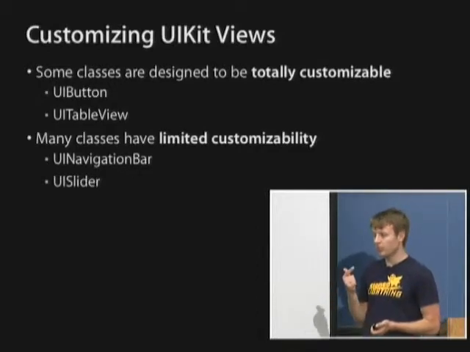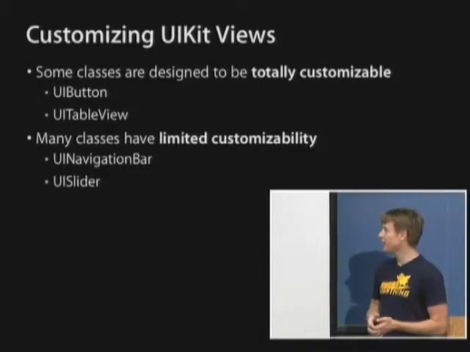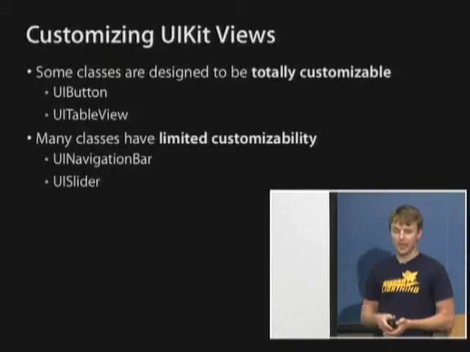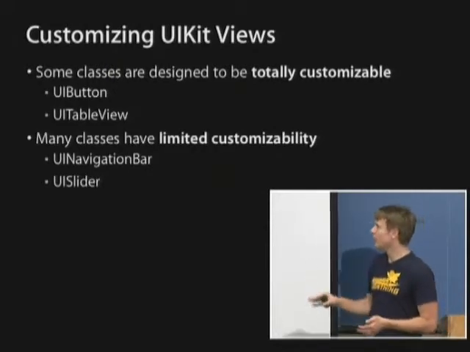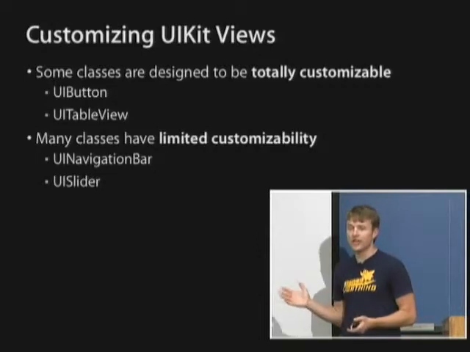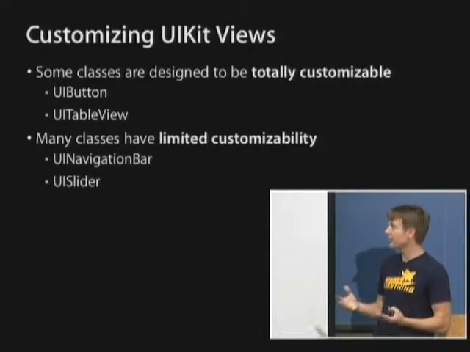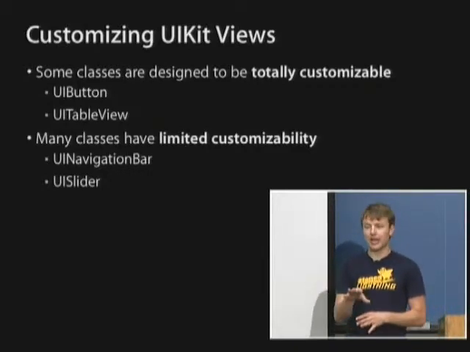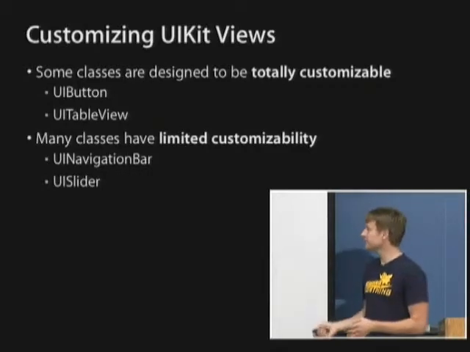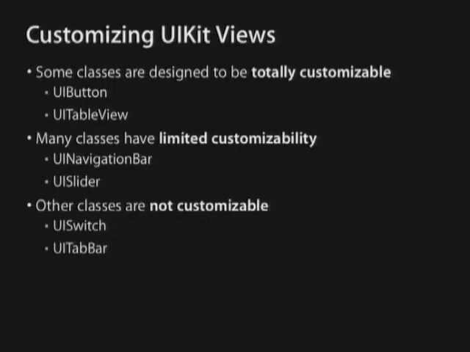You can give it a black or default bar style. But there are a lot of things that you can't customize about that, and we're going to talk about that a little bit more. But really, UI navigation bar, the particular subclasses of it are not documented at all, and there are a lot of things that you can't just go in and give your nav bar a totally different look. And then finally, there are some classes that are really not customizable at all.